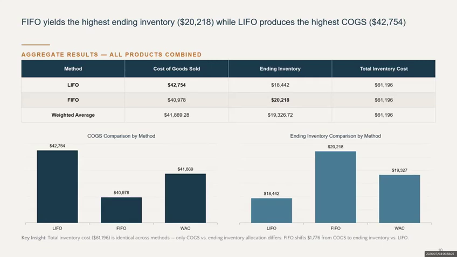A comparison of the allocation results between LIFO and FIFO reveals that FIFO, compared to LIFO, transfers a total of $1,776 in costs from operating expenses to ending inventory.